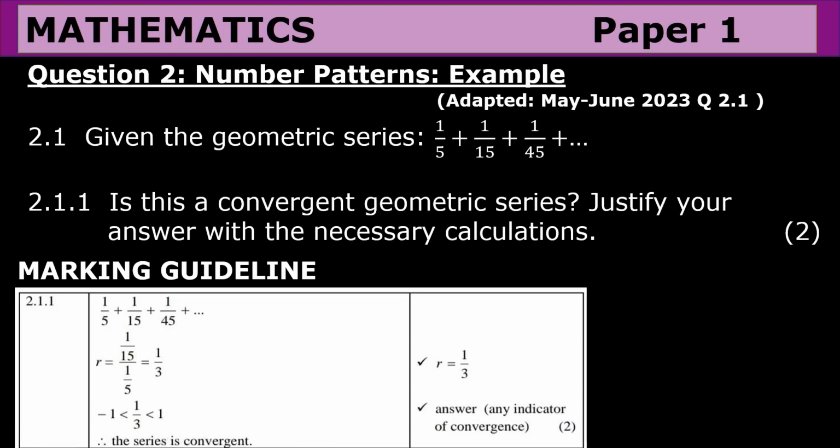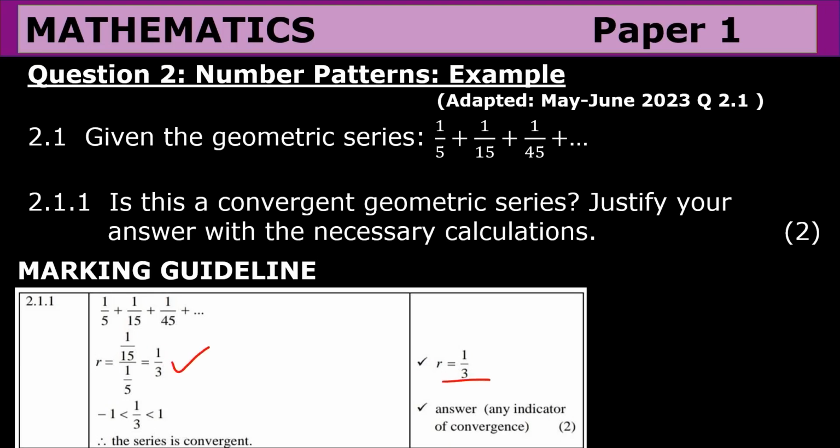Now the next question there says, given the geometric series 1/5 plus 1/15 plus 1/45, and of course that series continues. The question there says, is this a convergent geometric series? Justify your answer with the necessary calculations. So the first mark there goes to us finding the value for r.